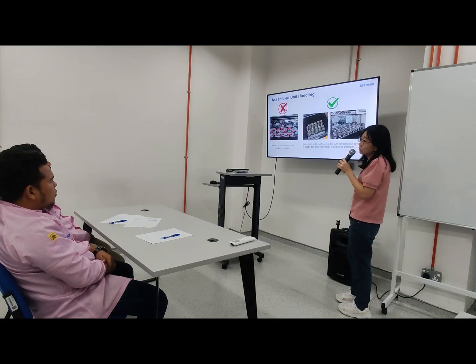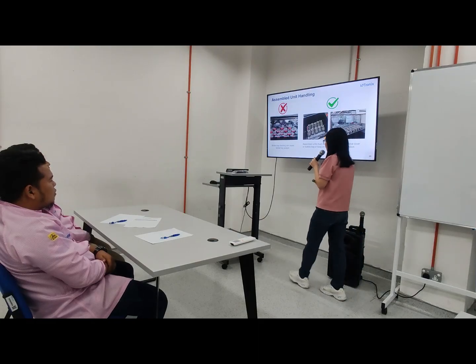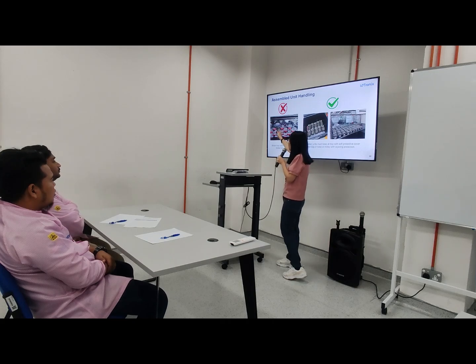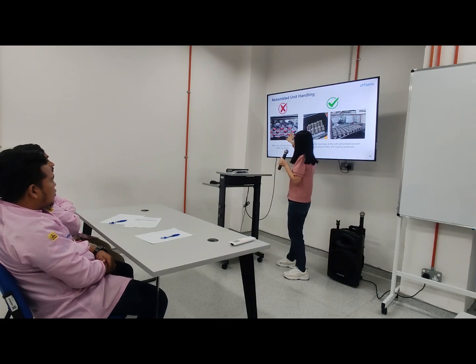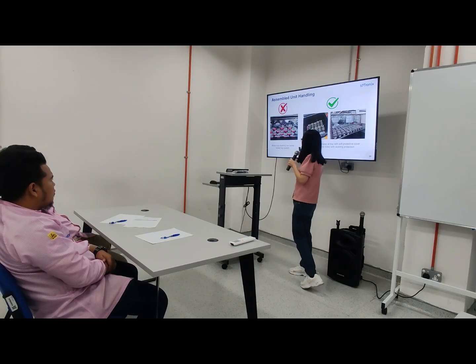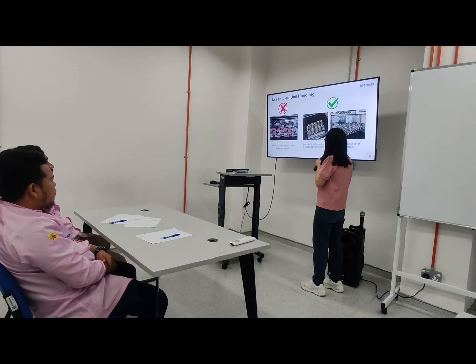Okay, this one is assemble unit handling lah. This one is the wrong one. Stacking. Semua stack macam ni. And secondly, surface of itu blister pack sangat kritikal mana. Stack macam ni semua jadi scratches. Okay. Sepatutnya kita kena keep properly.